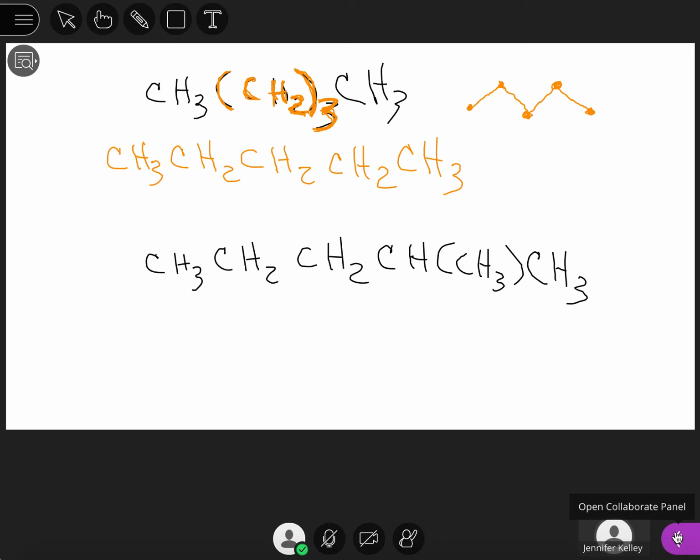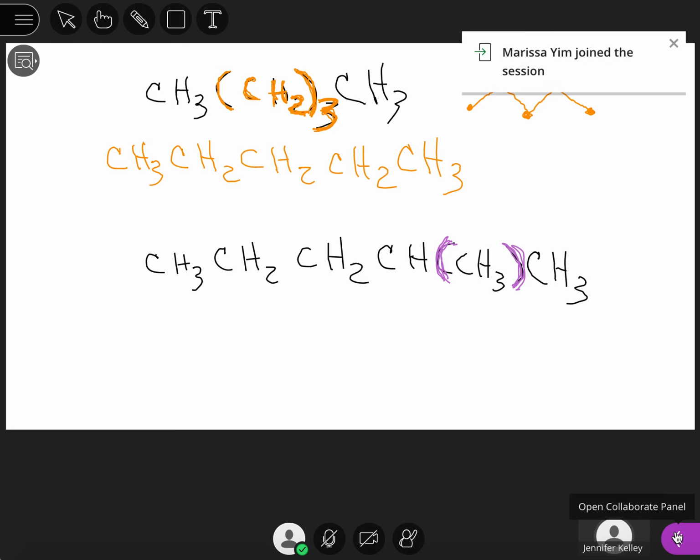All right, and so let's take a look at the one at the bottom. The one at the bottom has parentheses right here, and there's no number on the outside, and it's CH3, and what that's telling me is that this has to be a branch. If it ends or has a CH3 inside the brackets anywhere, or it's an oxygen or nitrogen or something, that's saying that it's a branch.